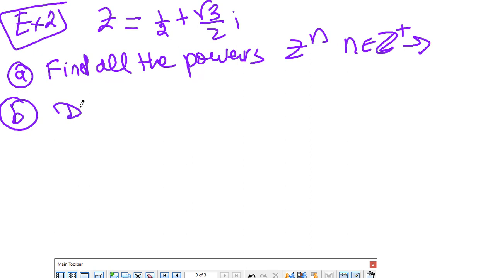So I need to draw the Argand diagram. How are we going to do that?